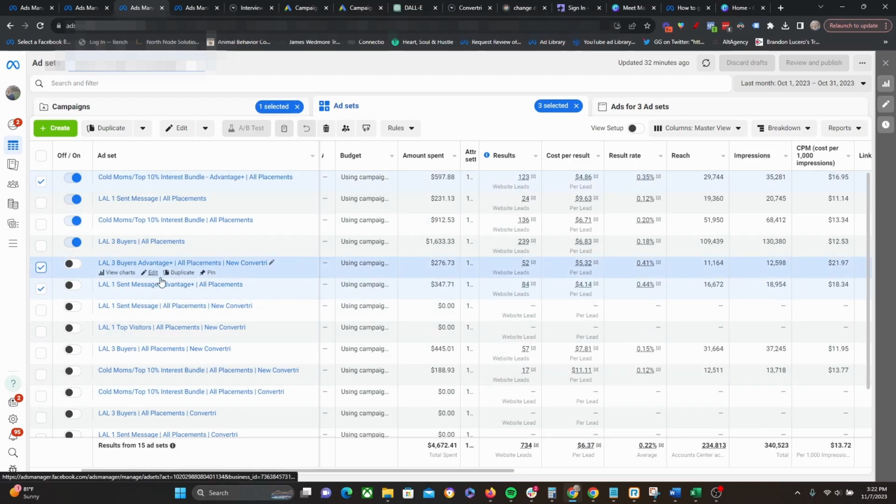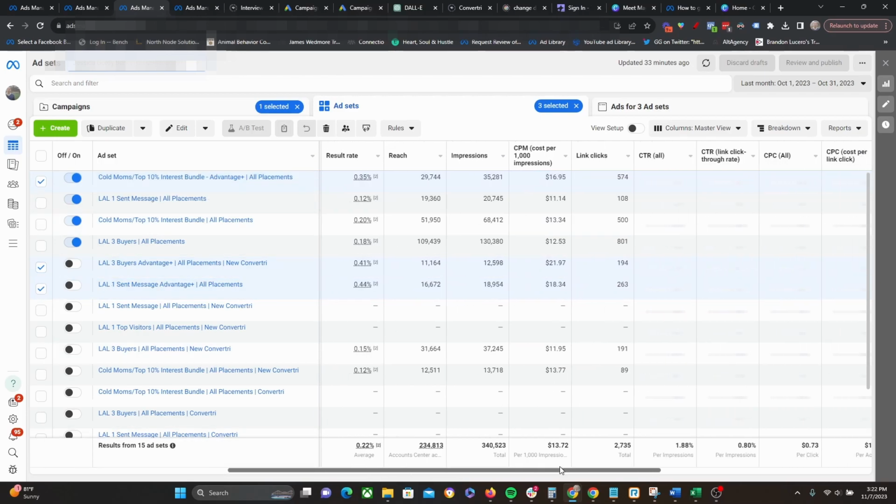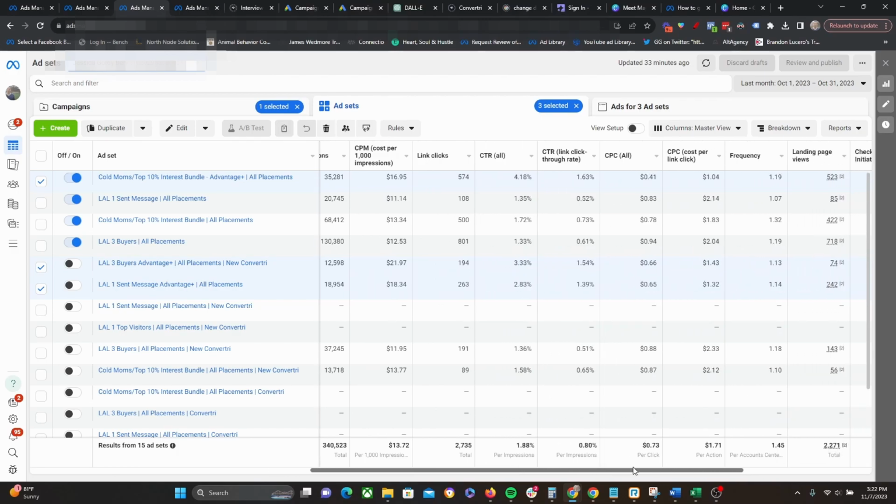And once the Advantage Plus were turned on, there was an immediate drop per lead. It literally went from $7 to $11 down to $4.14, $5.32, and $4.86. Huge drop in the overall cost per lead right there. And then if we keep on scrolling off to the right, also an absolutely huge increase in the click-through rate.